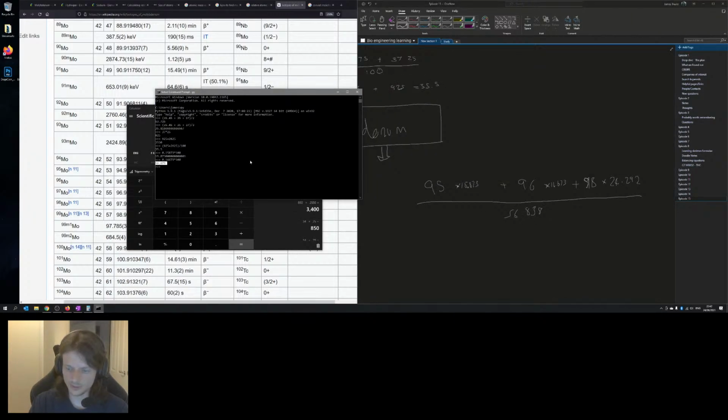So the output is going to be 95 times 15.873, plus 96 times 16.673, plus 98 times 24.292, divided by 56.838.